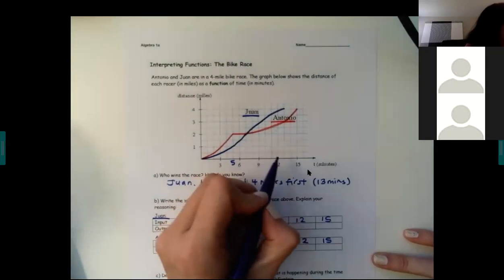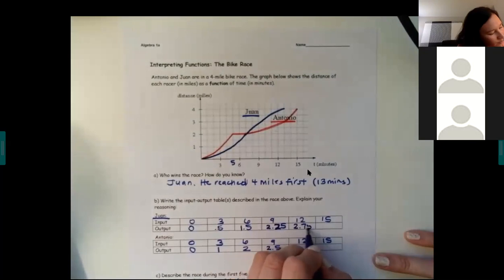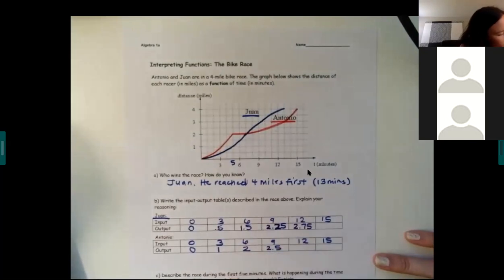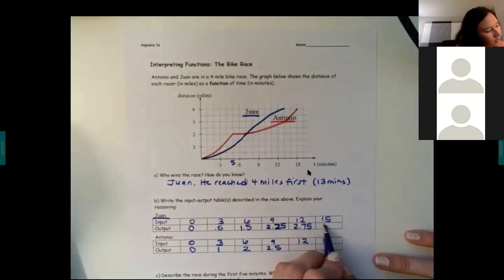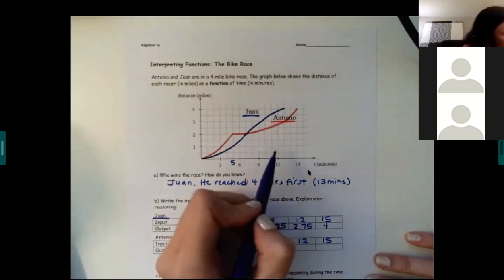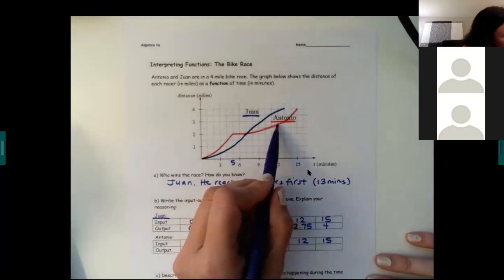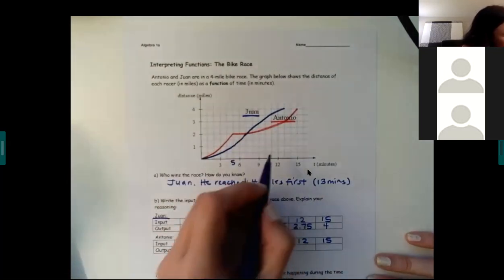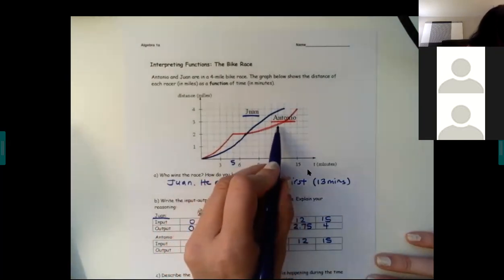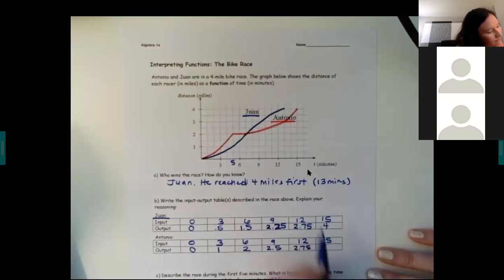Because at 12, he's at about 2.75. And at 15, he's already at 4.